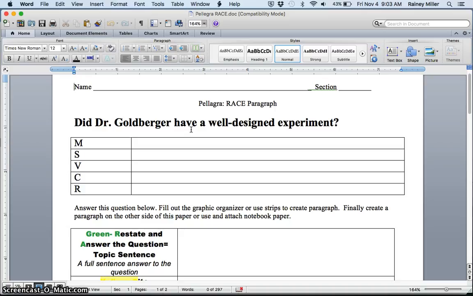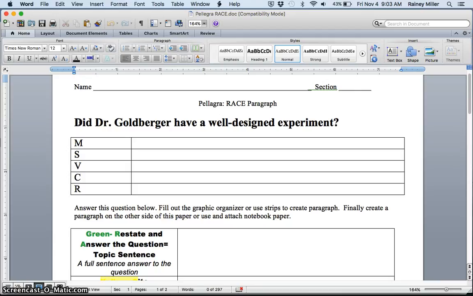Or did he try it on enough people? Could somebody have tried it again and gotten the same results? Did he have a control? Did he have people that he was actually comparing to? Did he try it more than once? So I want you guys to think about these problems. And I can see how you can actually argue, yes, he did have a fair experiment, or no, he had a poor experiment.